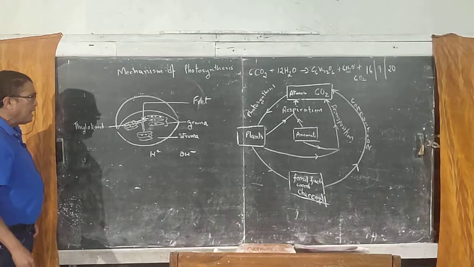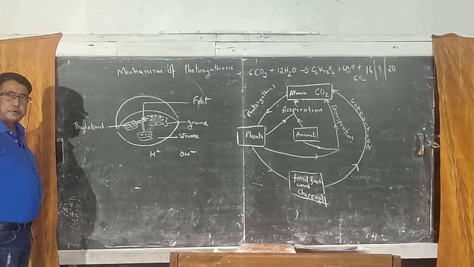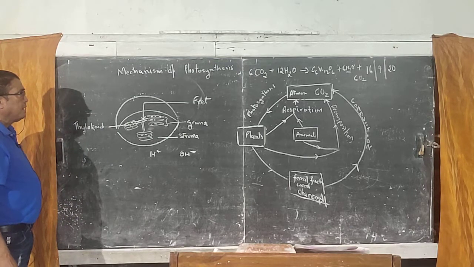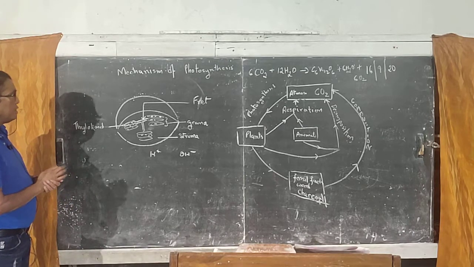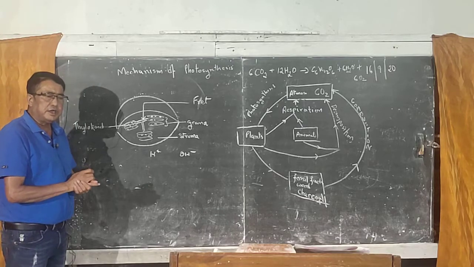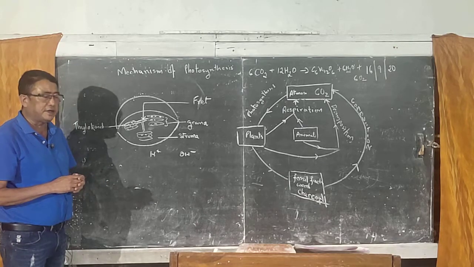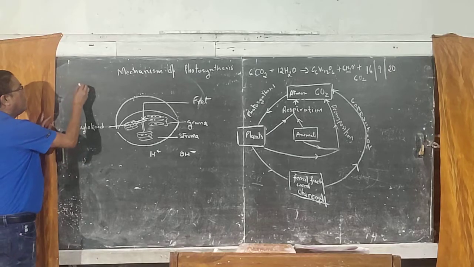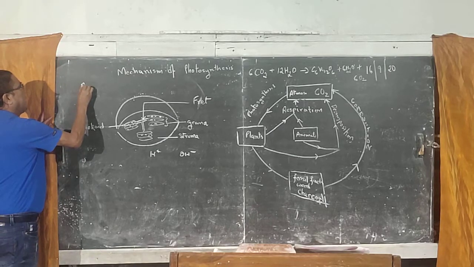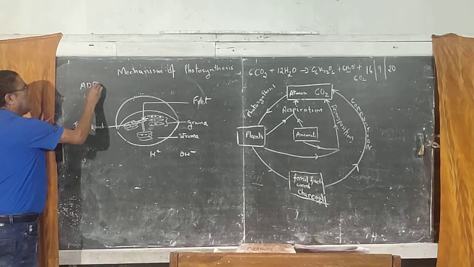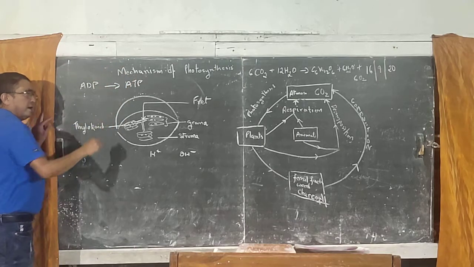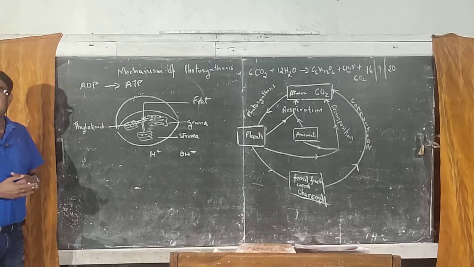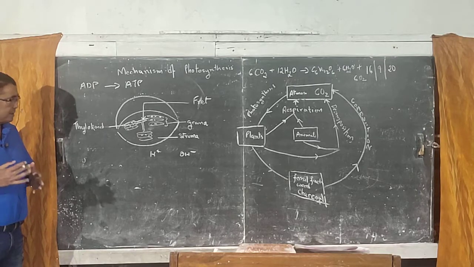During this process of photolysis, energy is released. This energy released during photolysis is used for converting a chemical compound called ADP into ATP.